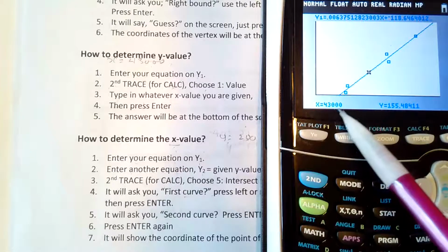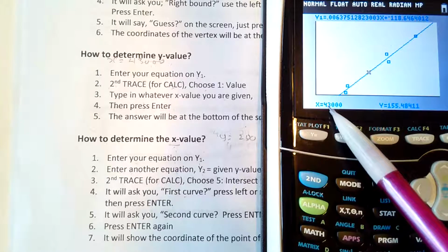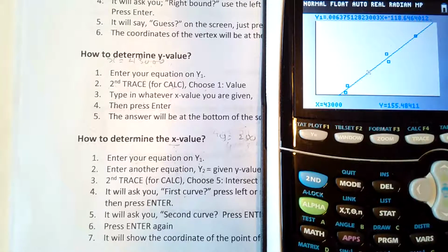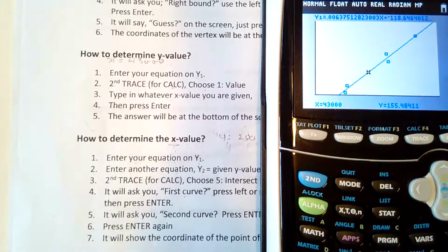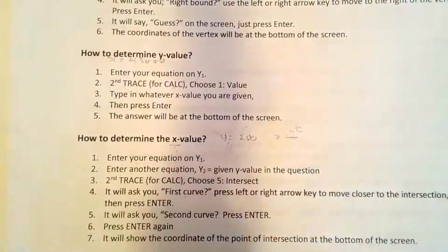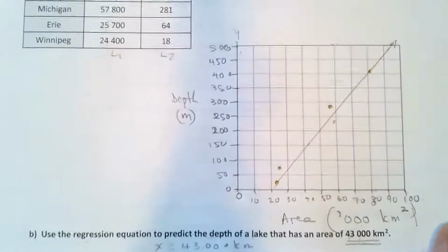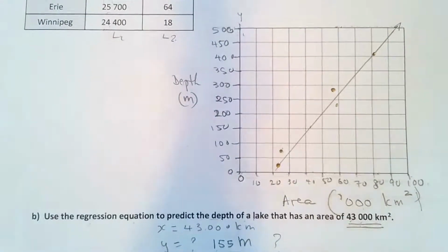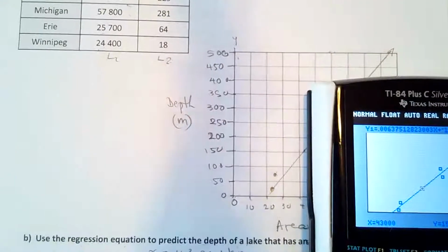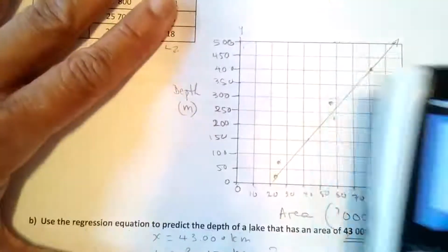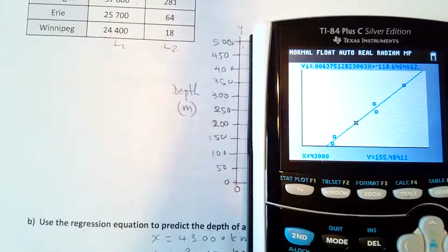So that's my depth when the area of a lake is 43,000 square kilometers. Is it almost the same? Pretty close. Our estimate was 155, and our calculator gives us 155.48.